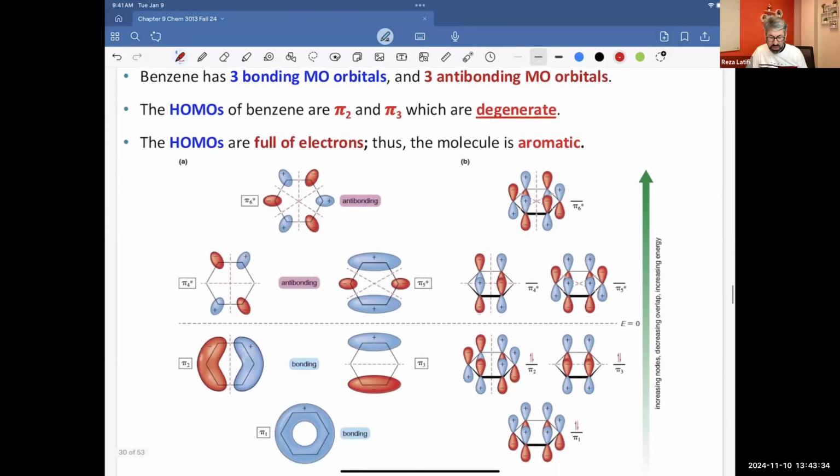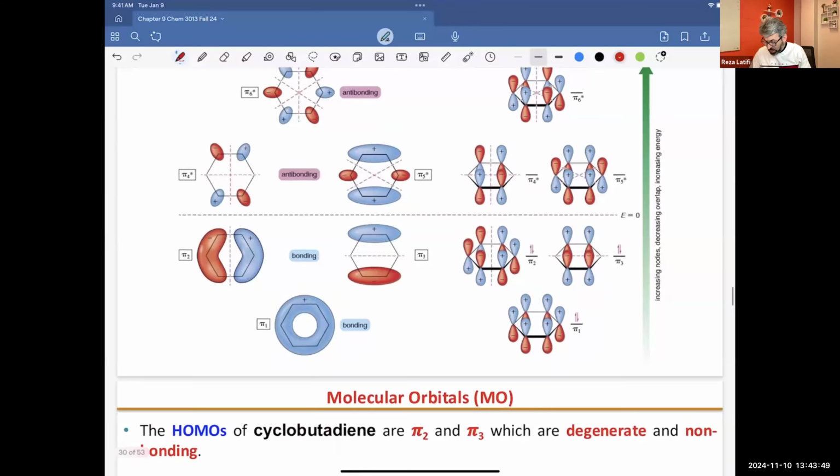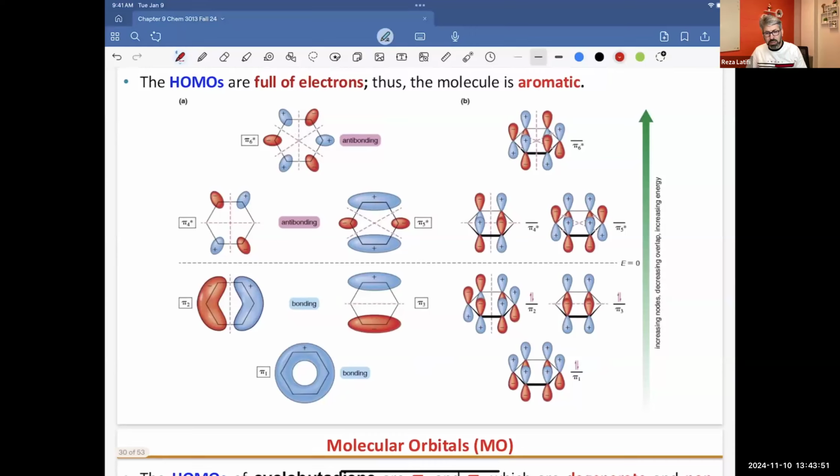The benzene molecule has 3 pi bonds. If you just look at the pi bonds and try to draw the molecular orbital diagram of the pi bonds, they will show up on top of the diagram. You will have the first pi orbital with 2 electrons, and as you see here, we don't have a node.